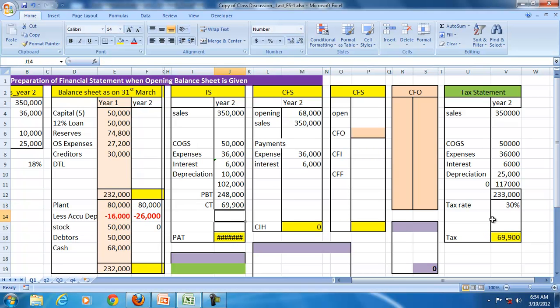According to the accounting standard, the tax has to be shown as the current tax. But the accounting standard also says there is a need to show the deferred tax, and the deferred tax is the tax on the timing difference, and the timing difference here is the difference between the depreciation in accounting and depreciation in taxation.